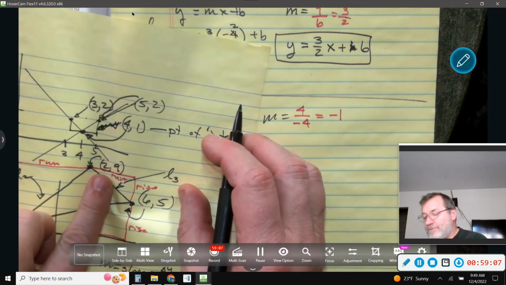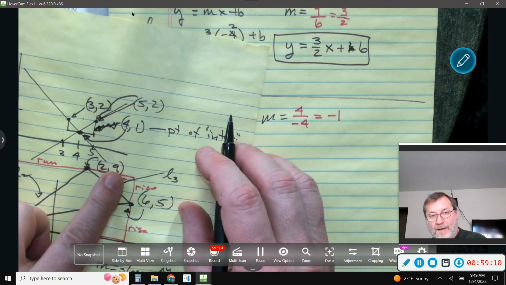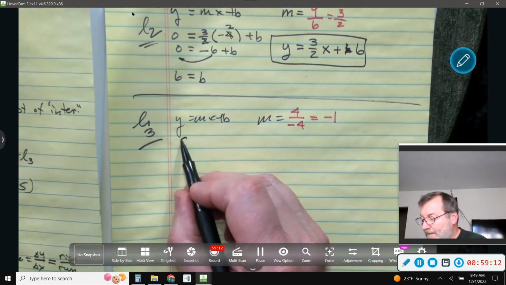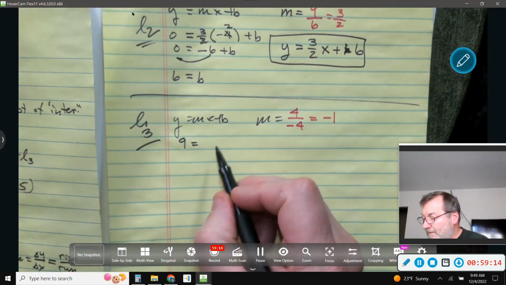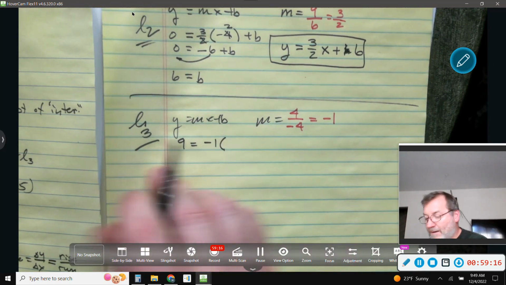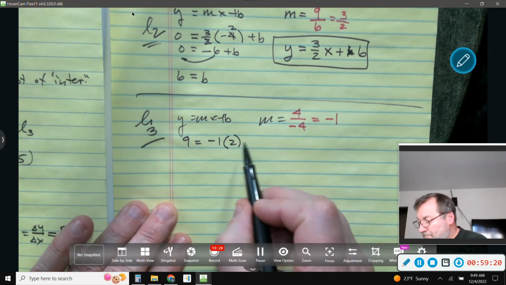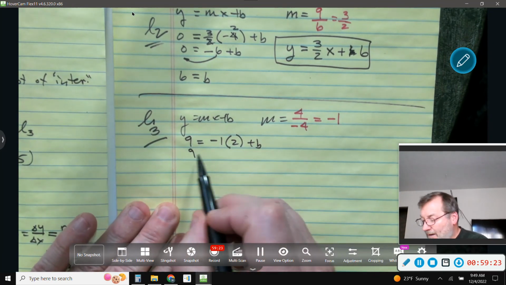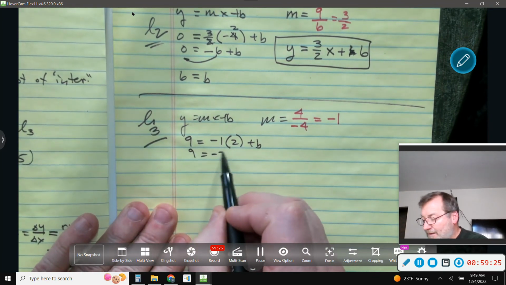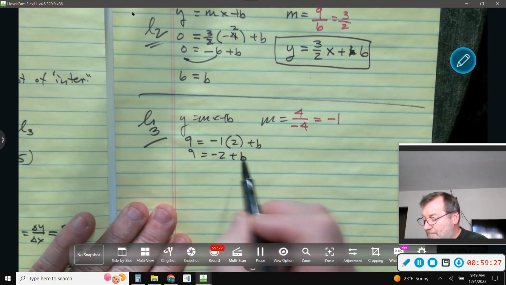So my y value is 9, my slope is a -1, my x value is 2, plus b. So 9 equals -1 times 2, which is -2, plus b.